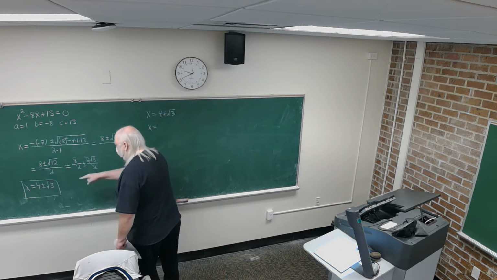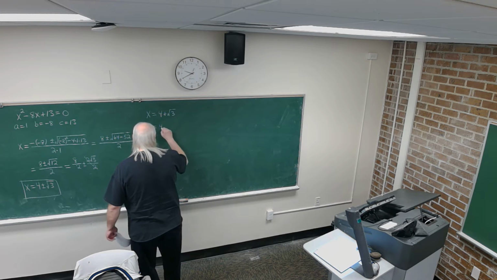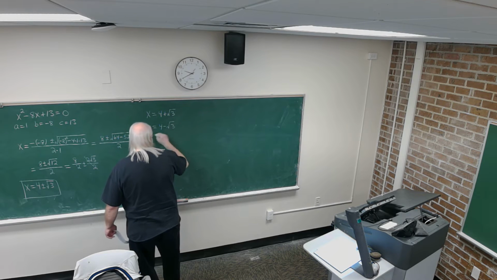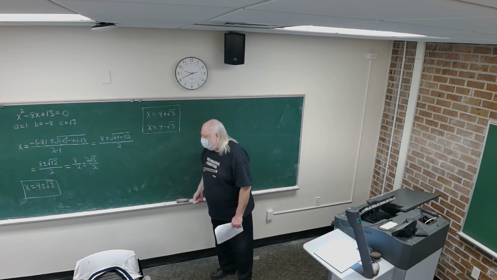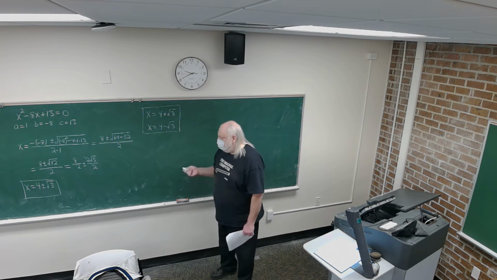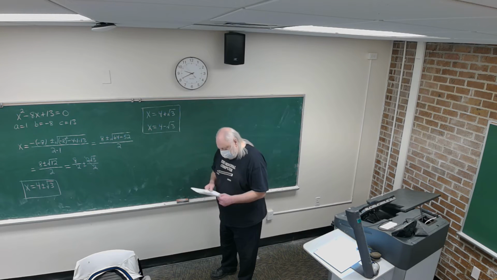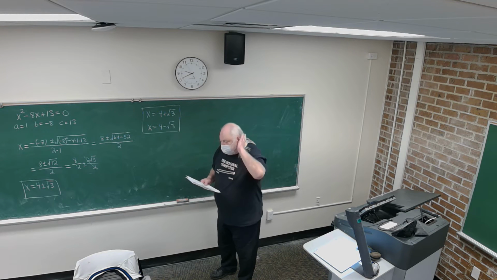And then you use the minus sign, and the second solution is 4 minus the square root of 3. So when you have 4 plus or minus root 3, it's understood you use the plus sign to get one solution and then the minus sign to get the other. Any questions on that?